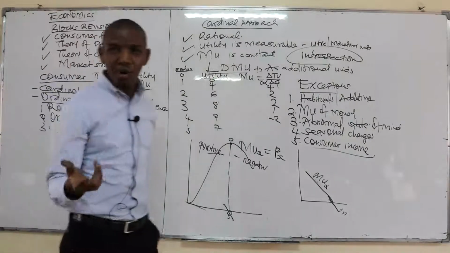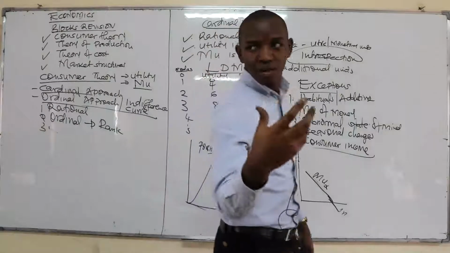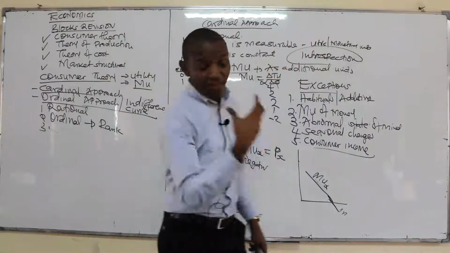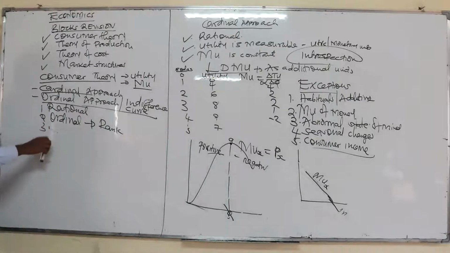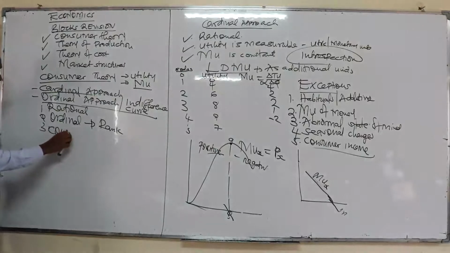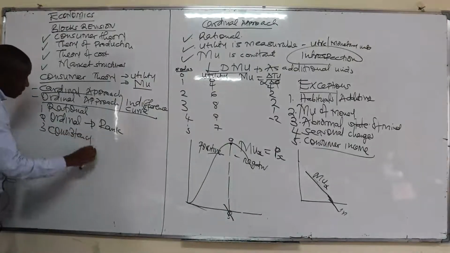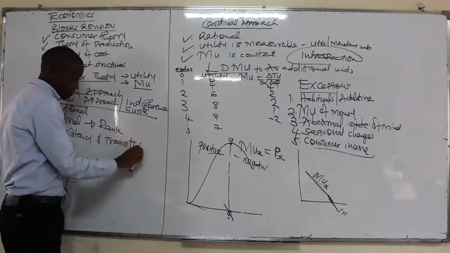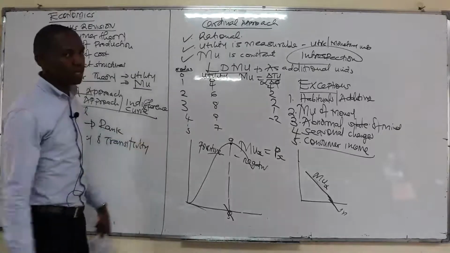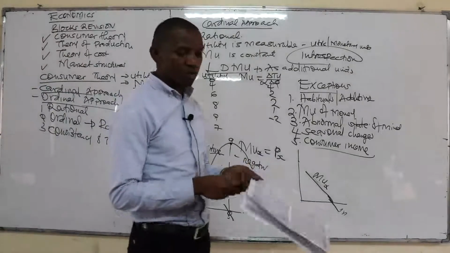So consume more goods, you increase your utility. So that is what this one means. And then the other one is what we call consistency, and what we call transitivity.